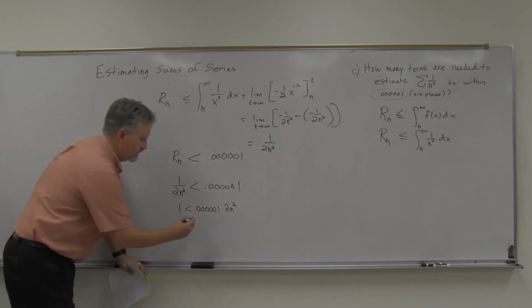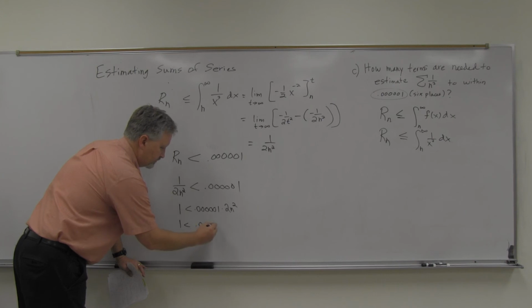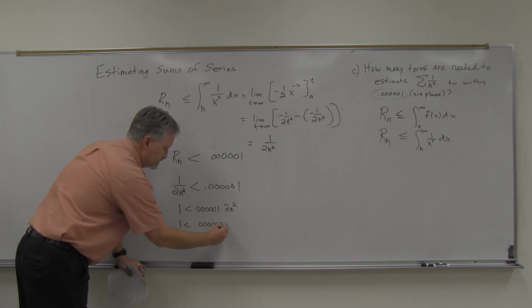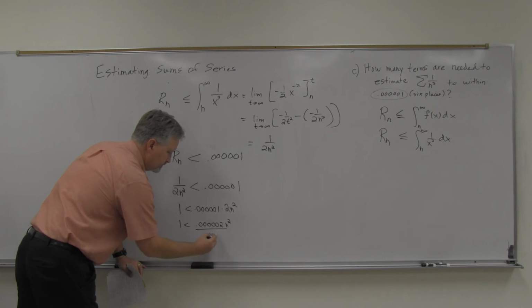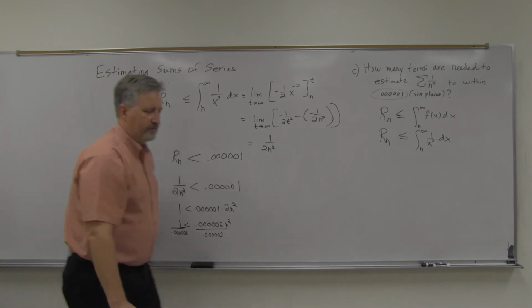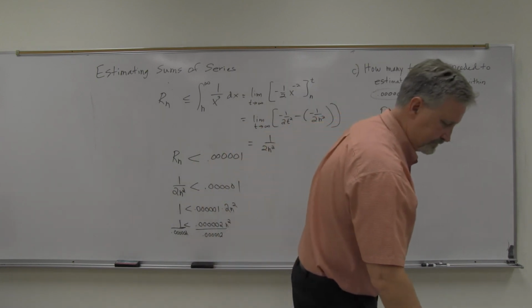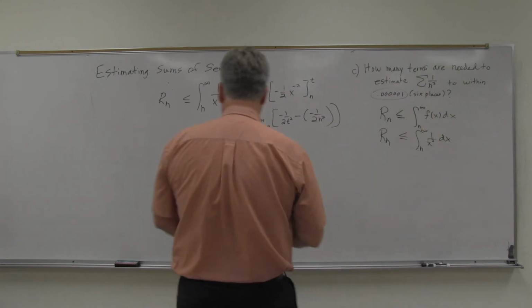Well, I would say 1 is less than or equal to 0.0002 n squared. So divide off the 0.0002. That turns out to be a pretty nice number, actually. 500,000.